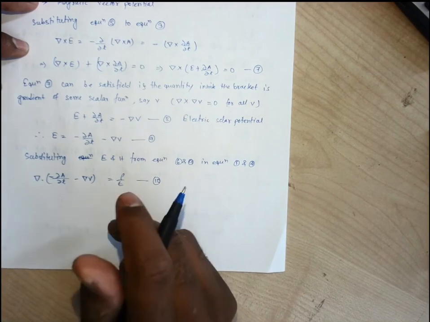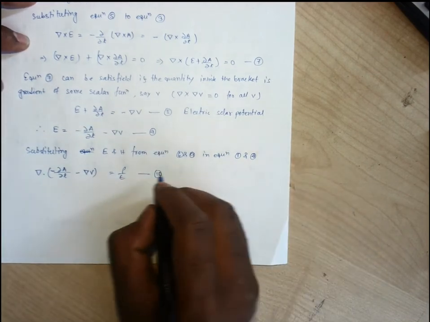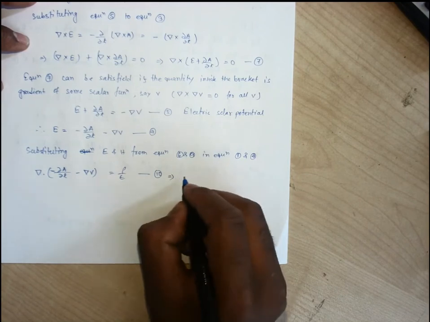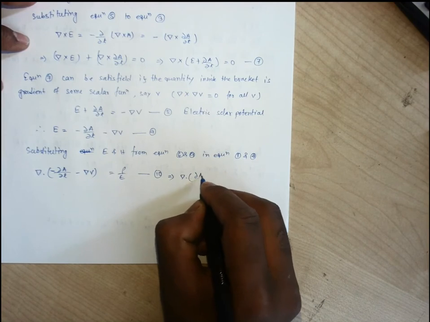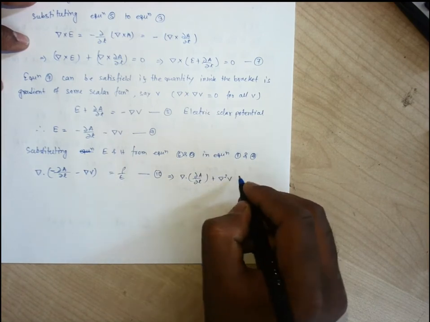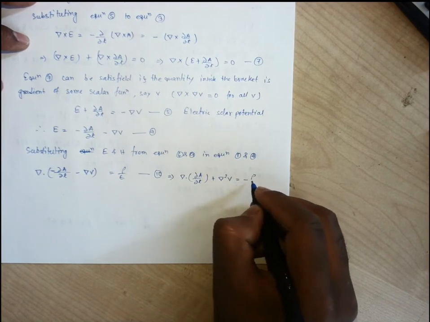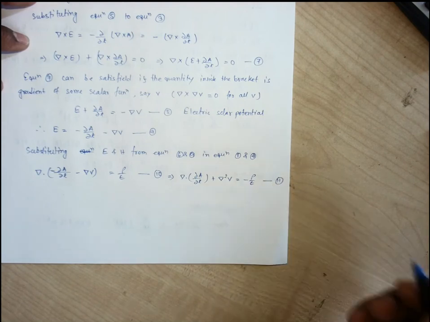We can simplify this further. That can be written as del dot del A by del T plus del square V is equal to minus rho by epsilon. It is equation number 11.